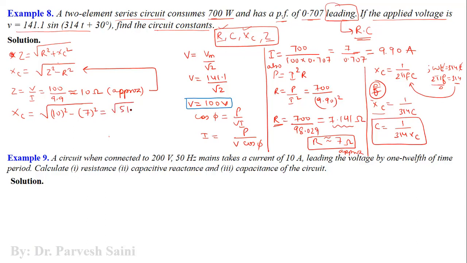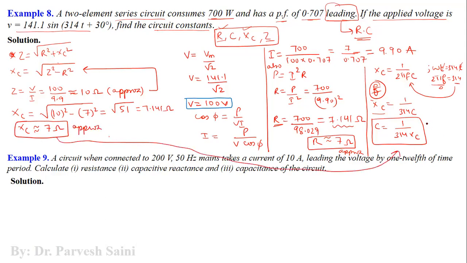So under root 51 is 7.141 ohm. So Xc can also be assumed as 7 ohm approximately, right?